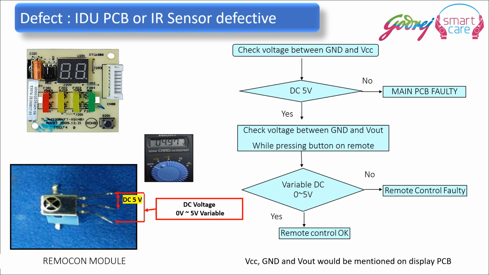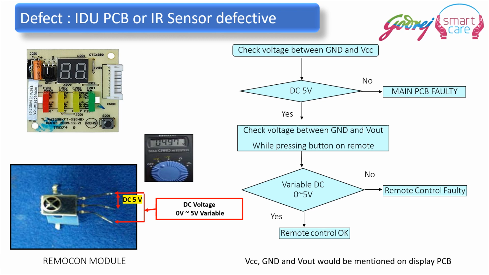If the 5 volt is available, then we check that when the remote is pressed, 0 to 5 volts is available between the other two terminals, V out and ground, where V out means voltage out.